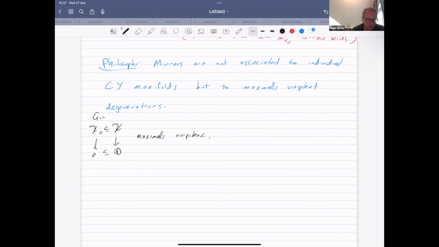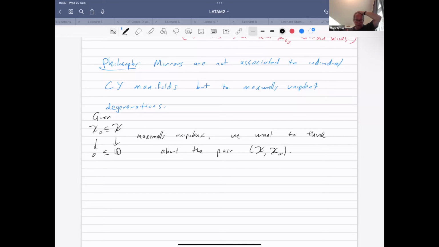So given such a maximally unipotent degeneration, we want to think about the pair (X, X0). Okay, what does that mean? Well, it doesn't really mean that much yet, but I want to highlight this because what I want to do is generalize this setting where we have a pair of a variety X and some kind of divisor, in this case, X0.